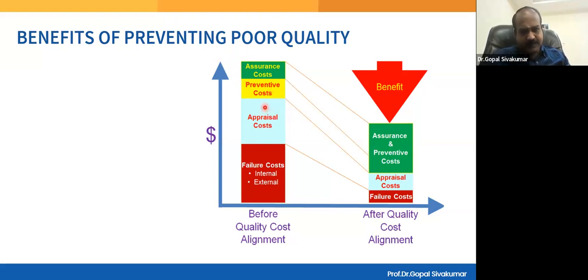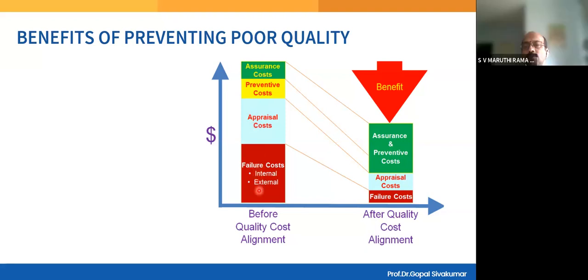Appraisal: calibrating the measuring equipment once in 3 months, and similarly, you are doing some kind of assessment, inspection. You have an internal audit yourself. All of them are appraisal. But if you don't do all of these activities properly, then you will be spending heavily on the failures.